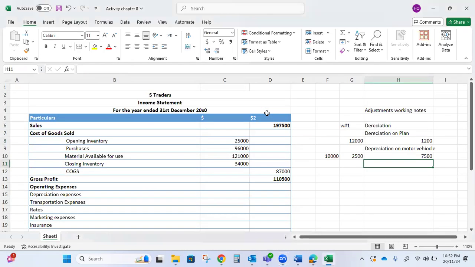It is equal to the remaining book value times 25%, which is 1,875.